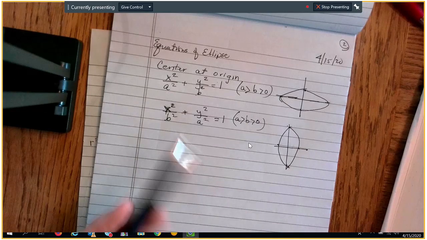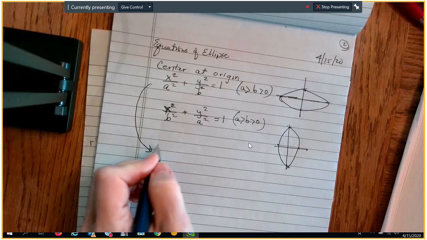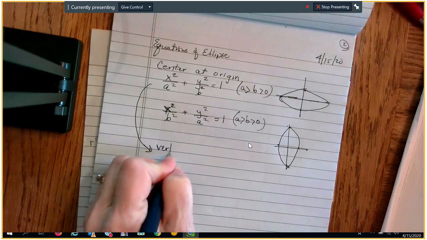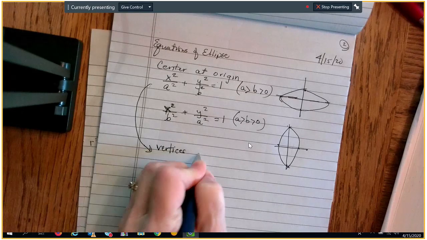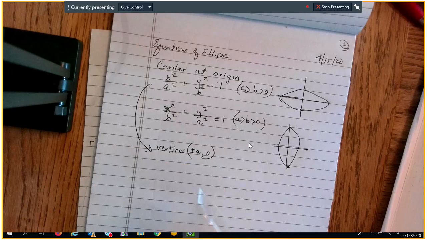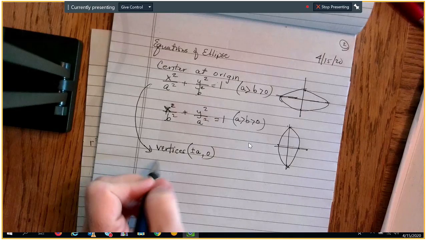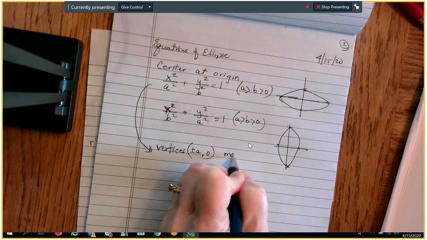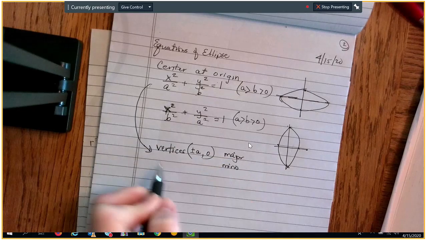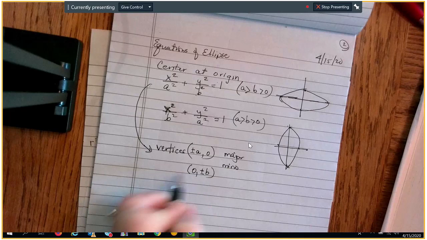Now here, the vertices are going to be plus and minus a, 0. Then if this is the major axis, our minor axis is going to be 0, plus or minus b.